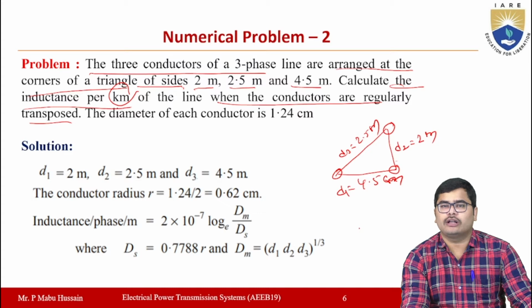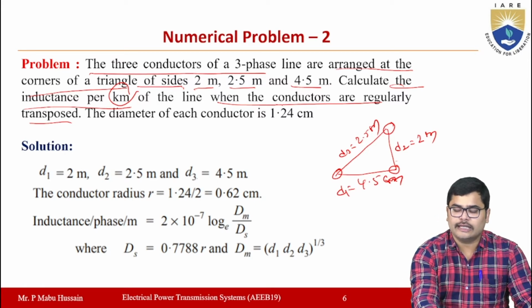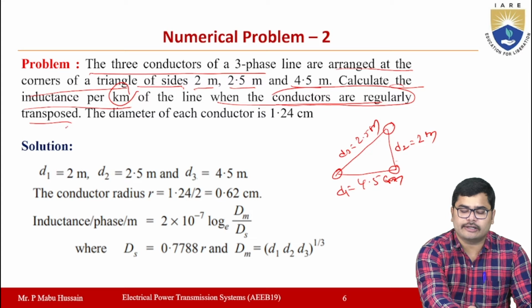Suppose you are not doing the transposition of conductors, then if you calculate the inductance for each phase, the value of inductance for each phase will be a different value, so that you will get the unbalanced voltage at the receiving end. So to get the balanced receiving end voltage, you need to transpose the transmission line in case of an unsymmetrical transmission line system. Here they are saying that the conductors are regularly transposed.